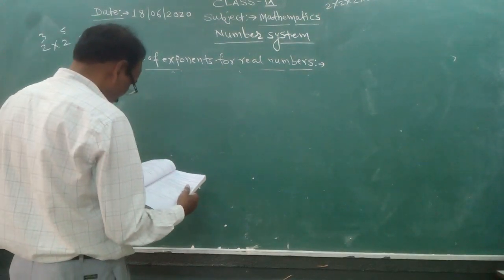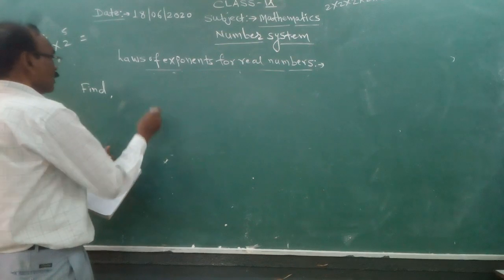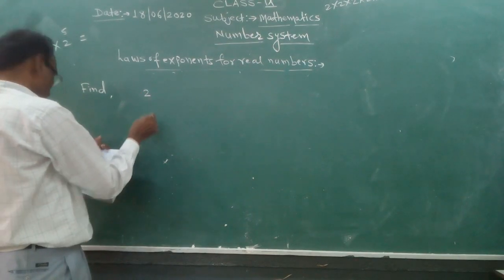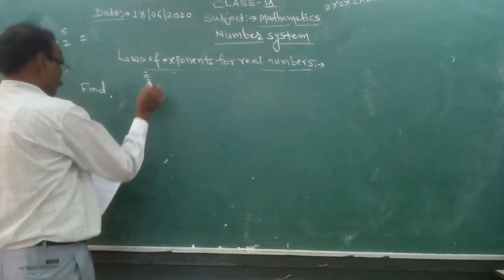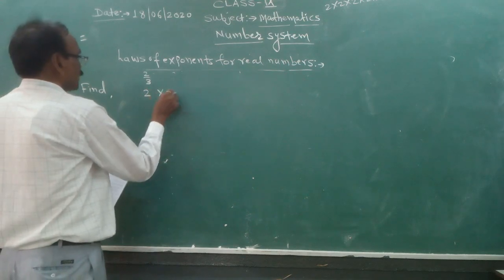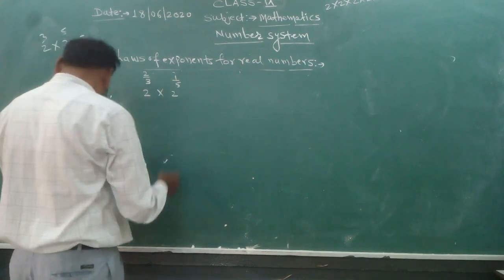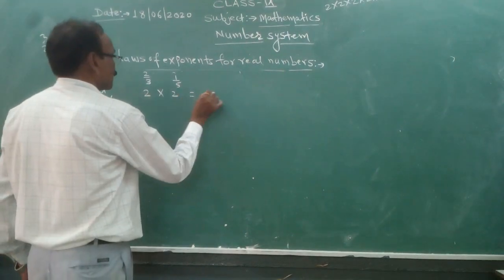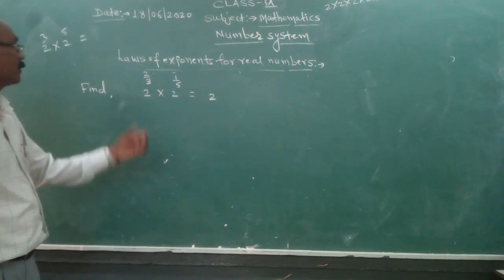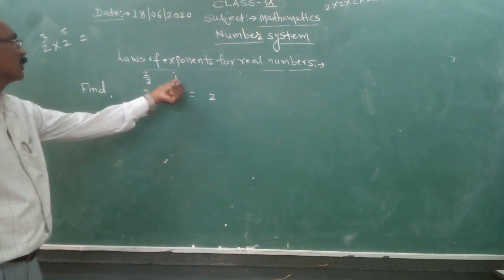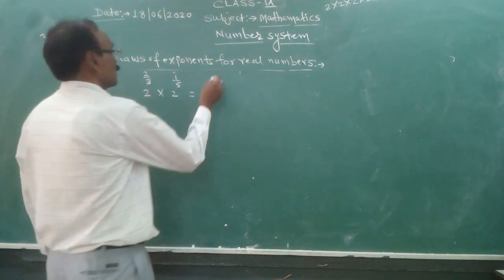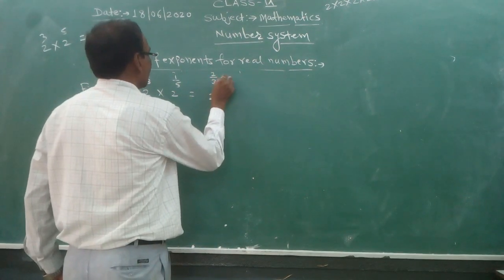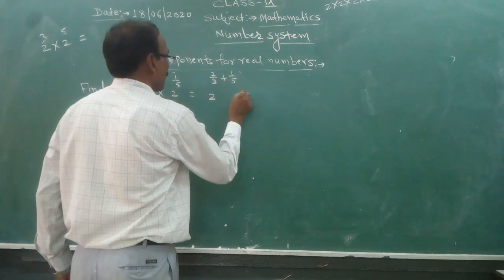Then you simplify this: 2 raised to the power 2 by 3 into 2 raised to the power 1 by 5. Okay, so bases are equal here. 2 raised to the power, and the bases are equal. So in product you have to take the addition of the powers. 2 by 3 plus 1 by 5.